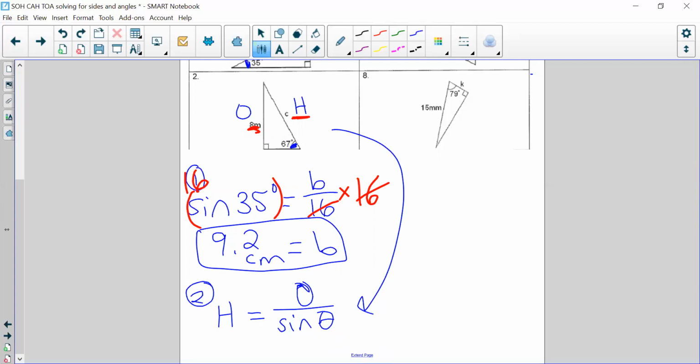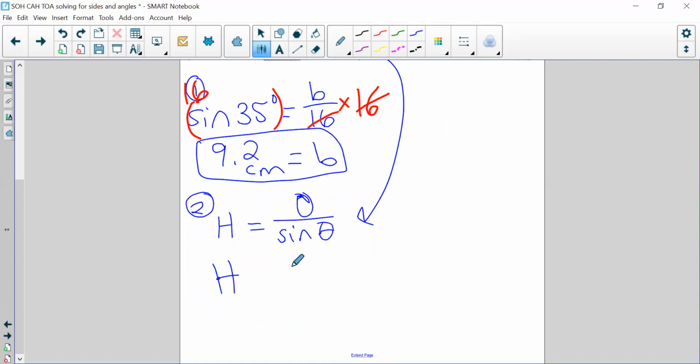So I'm going to have the hypotenuse equals 8 divided by sine of 67. Hypotenuse then becomes, so you can either use your fraction button or just straight do division. 8 divided by sine 67 gives me 8.69. I'm going to round that up to 8.7 meters in this scenario because of the units of the triangle given to me.